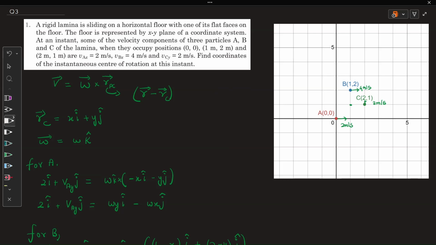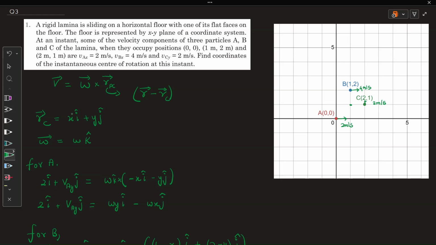But how will we find it in this case? They have given some components, VBX, VYC, VAX and so on. We have to find the center. So let's assume the center to be R_C, which is x i cap plus y j cap.